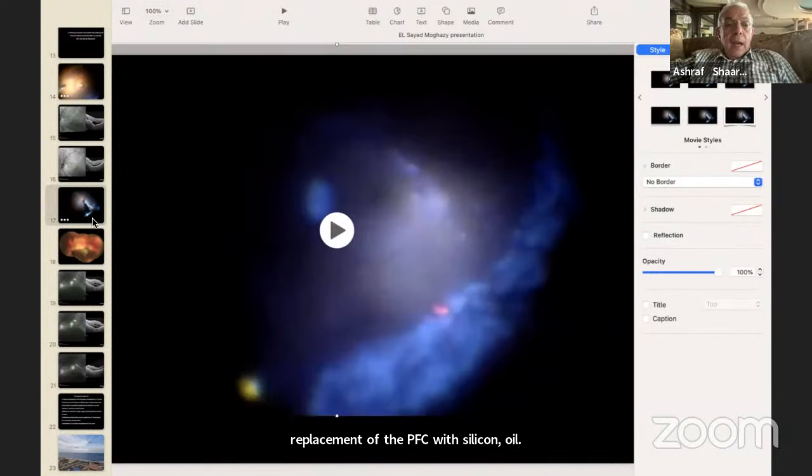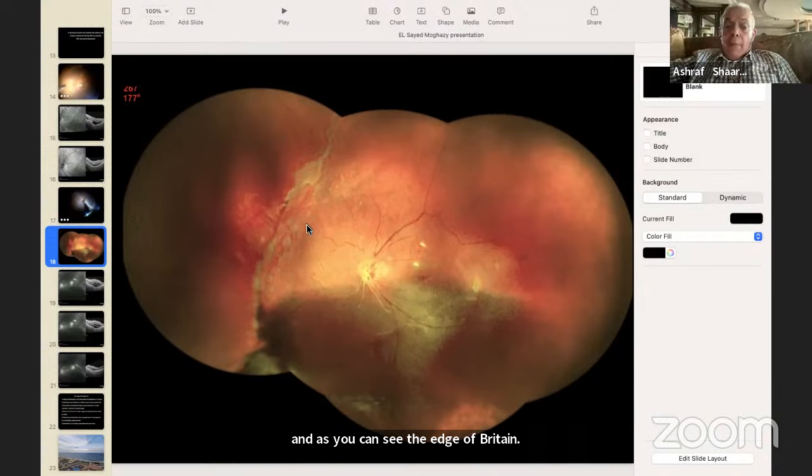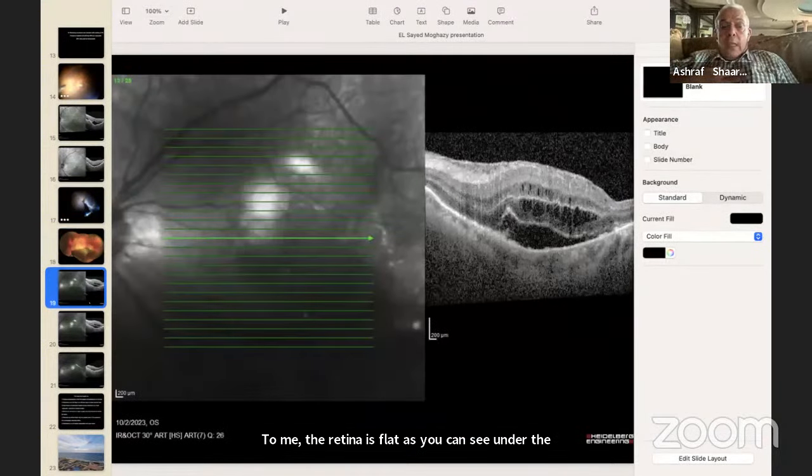Now, this is the post-operative appearance, a mosaic white field picture of the case under silicone oil. And as you can see, the nasal edge of the retinectomy, the retina is flat under the effect of silicone oil. I had performed OCT on the patient, and there was some residual subretinal fluid under the fovea.